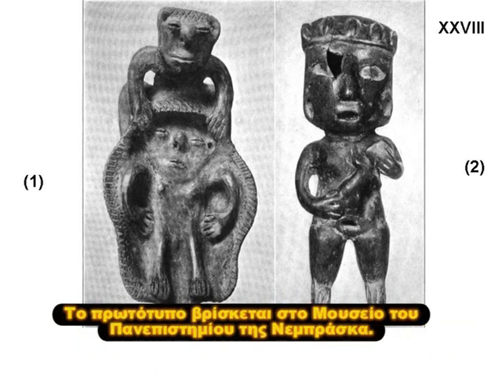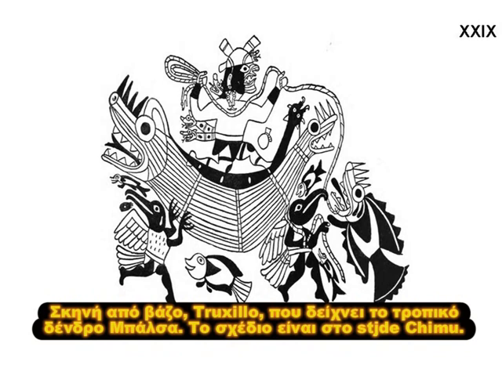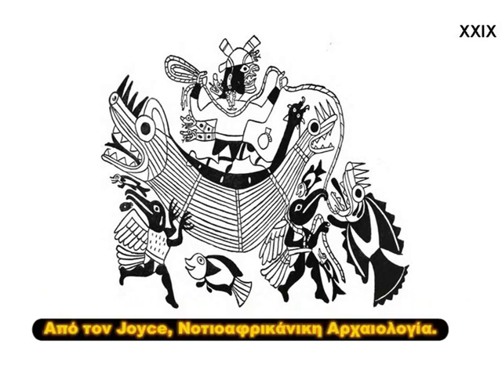The original is in the Museum of the University of Nebraska. Plate 29. A scene from a vase, Truxillo, showing balsa. The drawing is in the Chamustude. After Joyce, South American Archaeology.